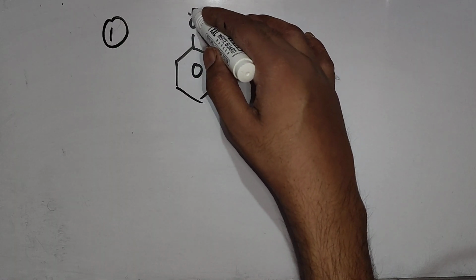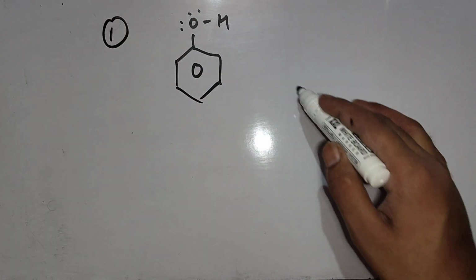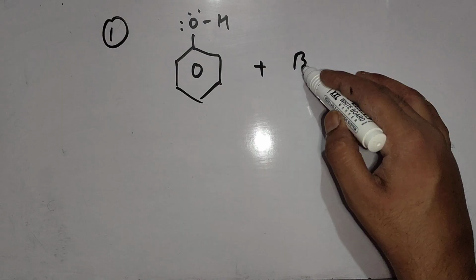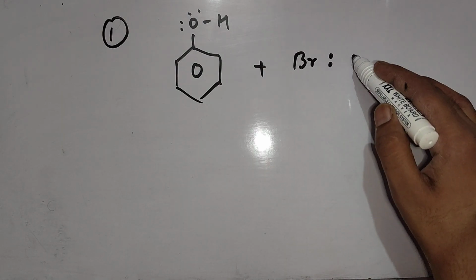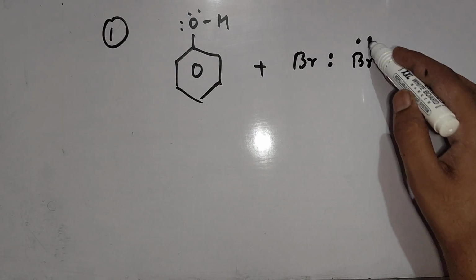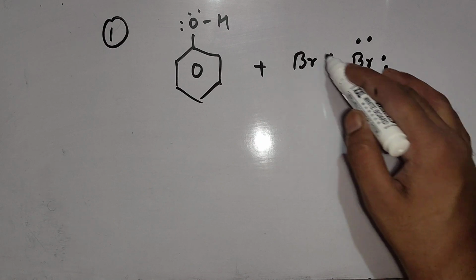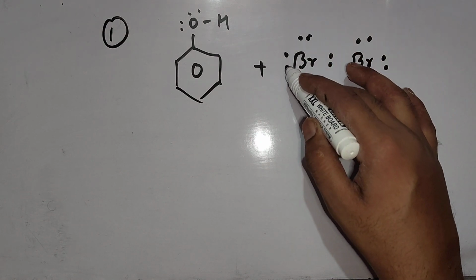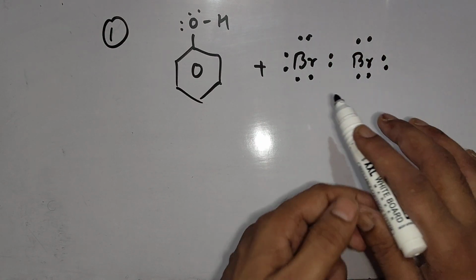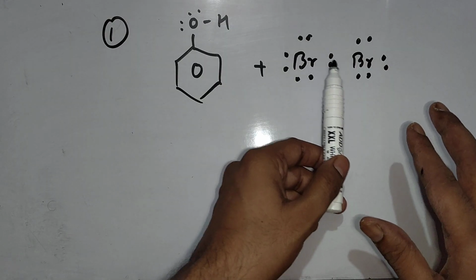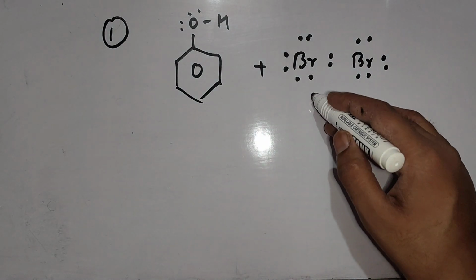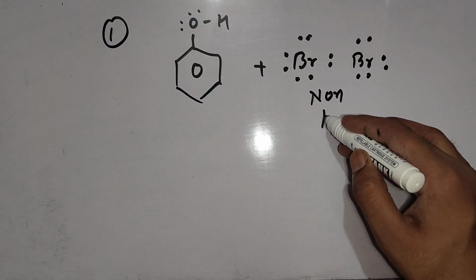This is phenol. In the first step, what is happening? And this is a non-polar bromine molecule. Obviously, it will remain non-polar because the solvent can't move these electrons like water was moving. So right now it will remain a non-polar molecule.